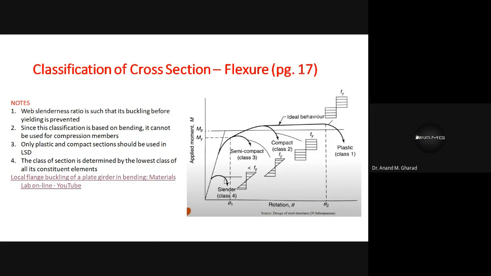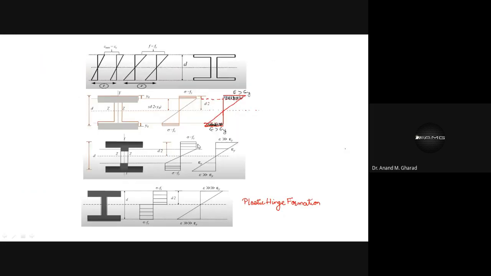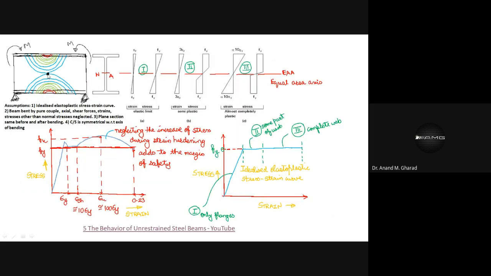ठीक है, local buckling is very dangerous. It can fail the complete cross section or the complete member before yielding, before achieving the plastic hinge. And you can see where the plastic hinge has been generated. It has been generated at this point, that is exactly at the center of the web. Before achieving this, if your flange itself fails, then the contribution of this cross section has no meaning, isn't it?